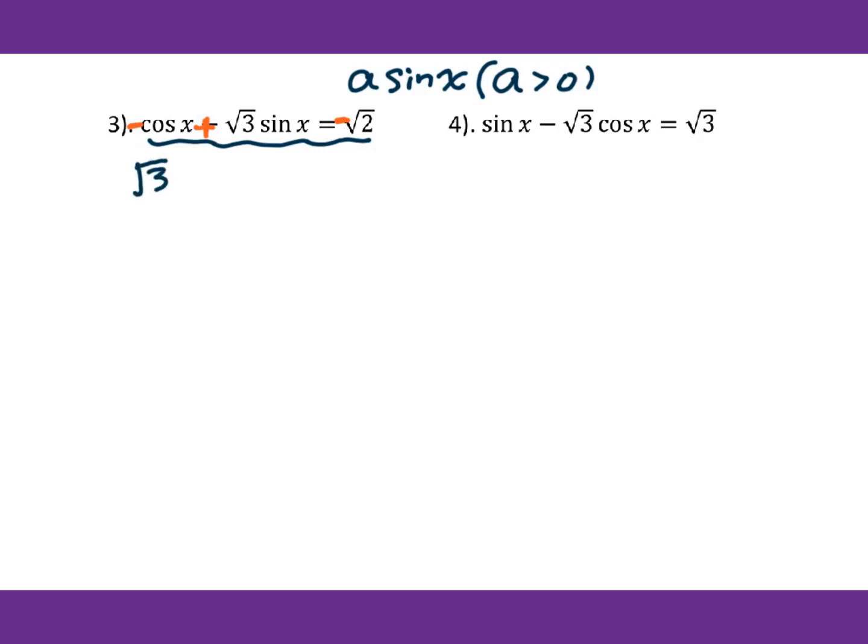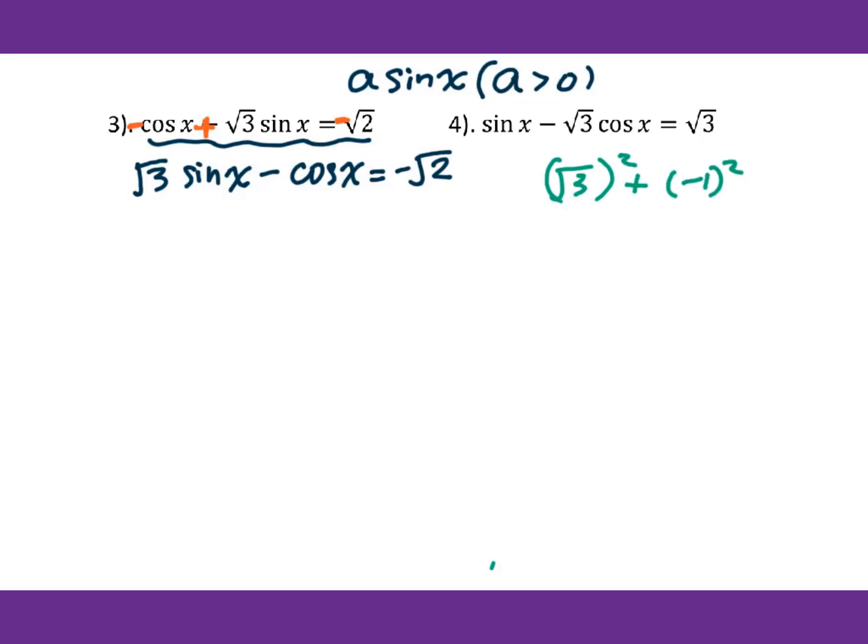We got square root of 3 sin x, remember, always sin x in the first position, minus cosine x equals negative square root of 2. In this way, theta will be the reference angle. Make things much easier. Still, square root of 3 squared plus negative 1 squared, do the square root, you get the square root of 4 equals 2.